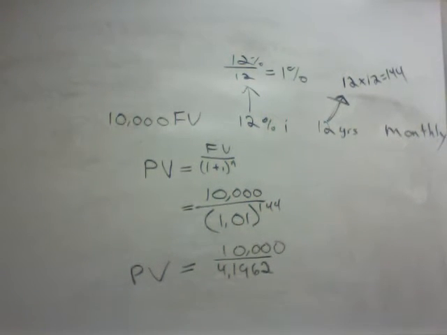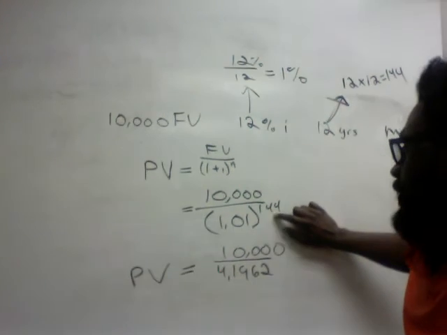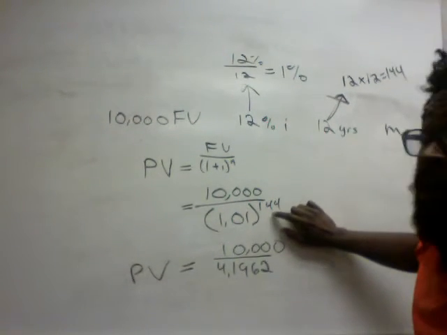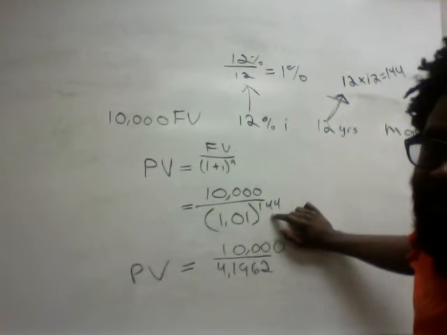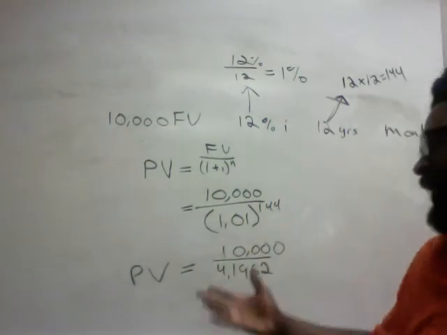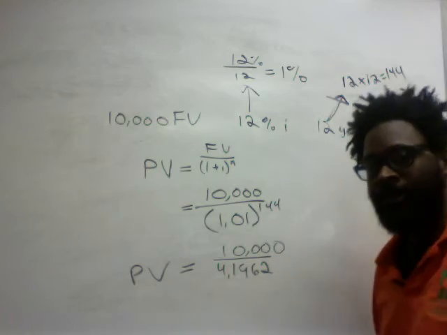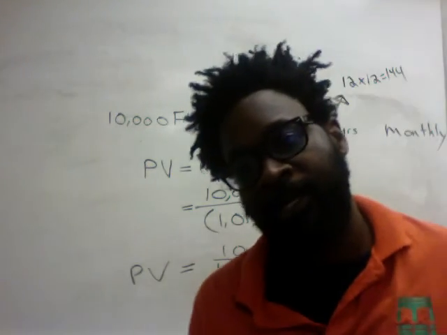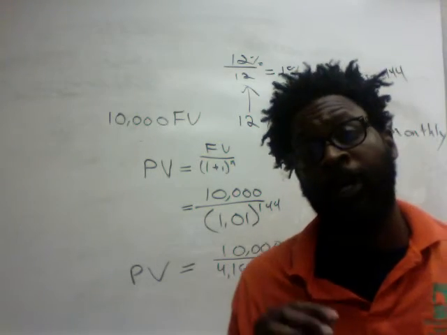I did, because look at that number of periods, 144. You will not find that on the chart. So in this situation, for those who are avid chart users, you would have to know either how to use the old school formula or use the financial calculator, which I really do suggest you take some time to learn how to use.